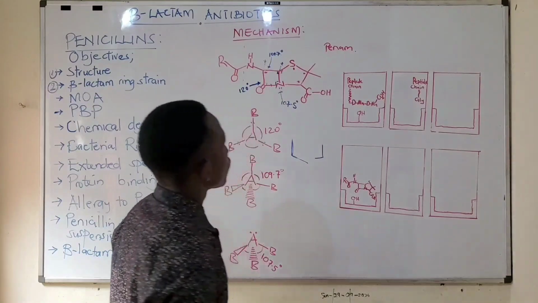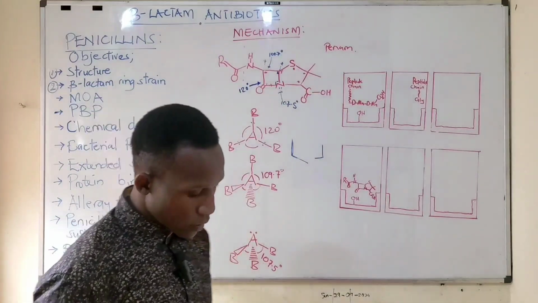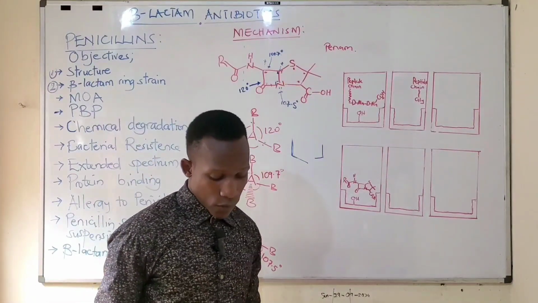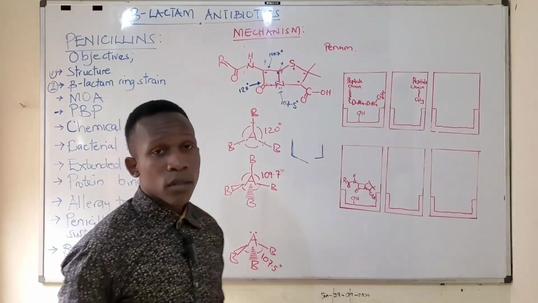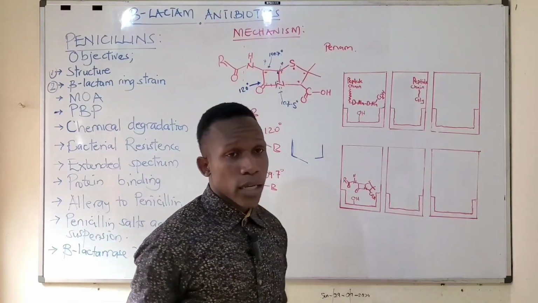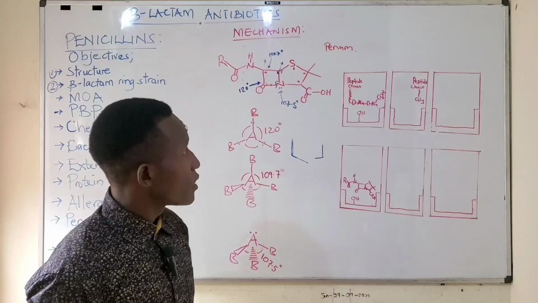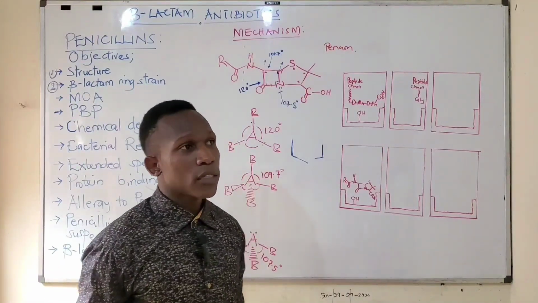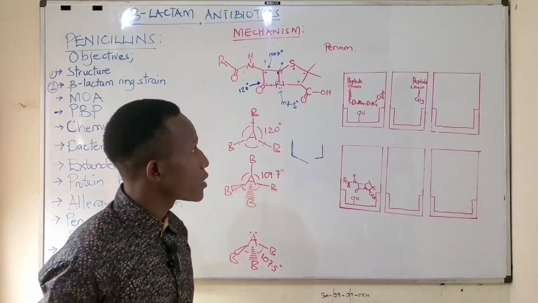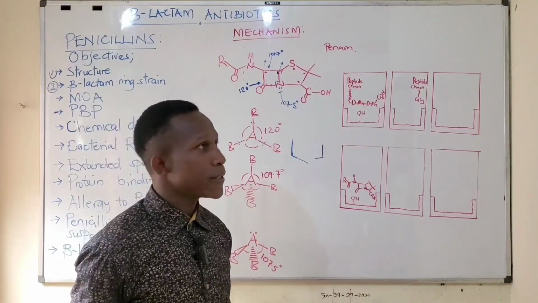The mechanism of action of penicillins is the inhibition of the enzyme which is responsible for the synthesis of the cell wall, or peptidoglycan synthesis. If that enzyme is inhibited, there is no strengthening of the cell wall, meaning that the cell wall will be weakened.